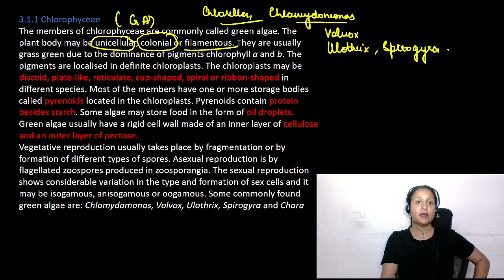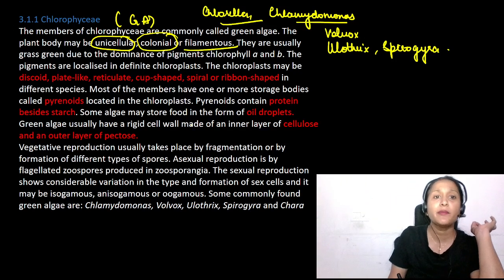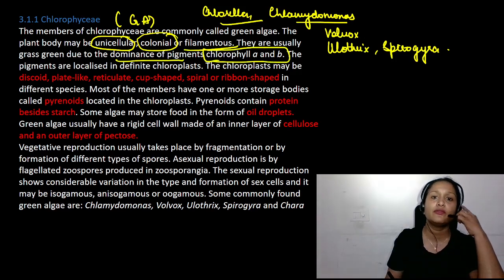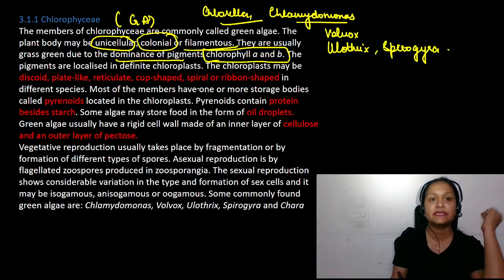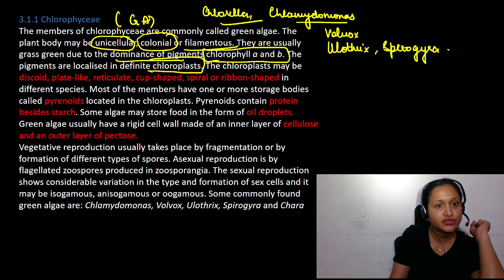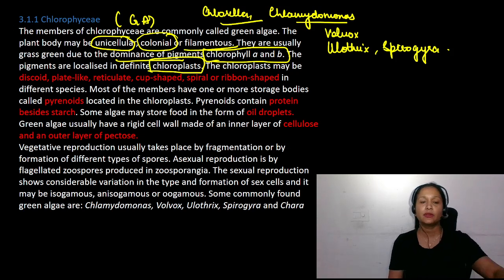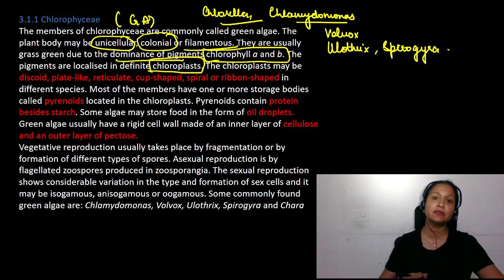Now if you see the pigment here, the dominant pigment is chlorophyll A and chlorophyll B. These pigments are present in a chloroplast-like structure. It is an organelle, like in plants also. Chloroplast is there, which contains chlorophyll.